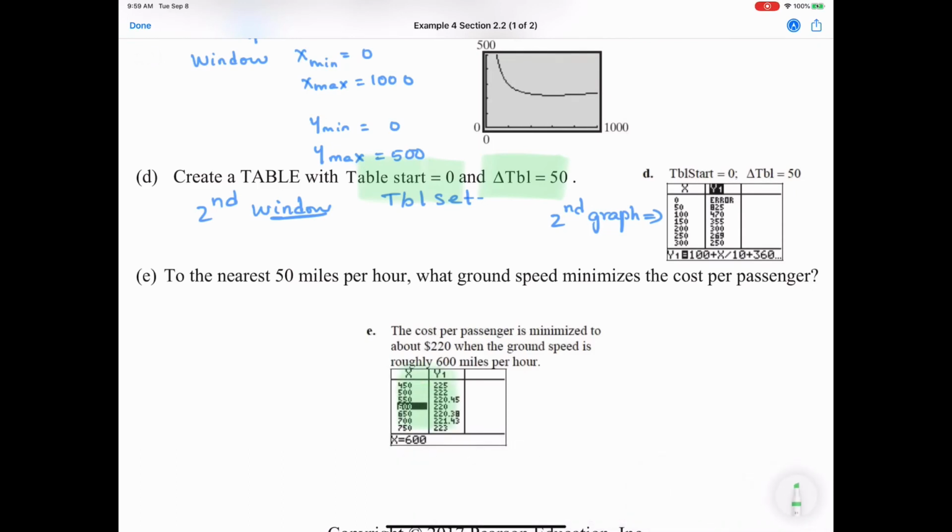And with that, to answer the question, to the nearest 50 miles per hour, what ground speed minimizes the cost per passenger? You can see that a ground speed of roughly 600 miles per hour will minimize the cost to about $220.